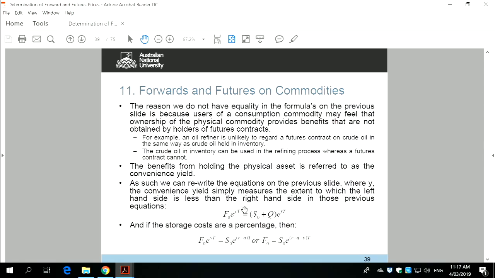The reason is that whenever you want to short sell the consumption asset, the owner of the physical asset may not be willing to do so. If that's the case, then the mispricing can persist in the market for a long time. For that reason, we introduce the little y here, which is the convenience yield, to make the left-hand side equal to the right-hand side, right? We talked about this at the beginning of the lecture.